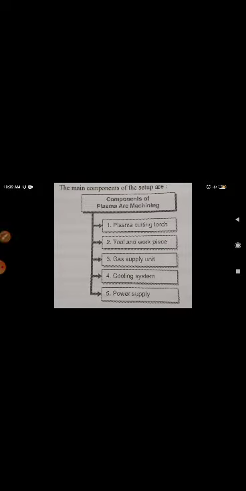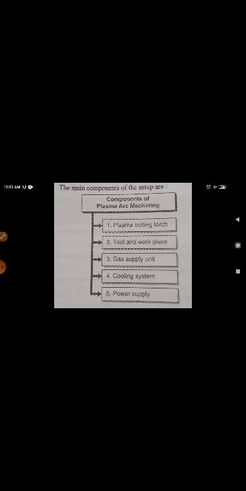Let's see the main components of this plasma arc machining setup. Plasma means that when these gases are raised to a very high temperature, up to 16,500 degrees Celsius, atoms, electrons and ions get created.